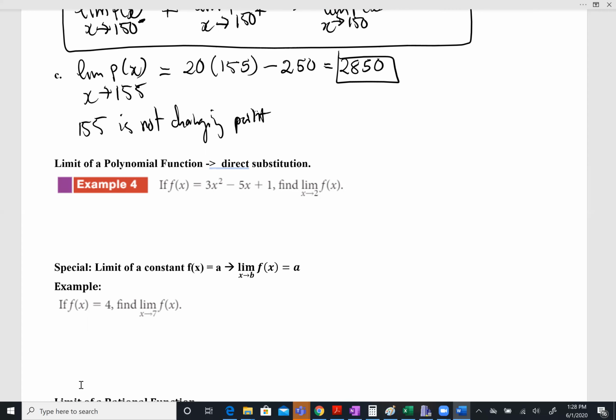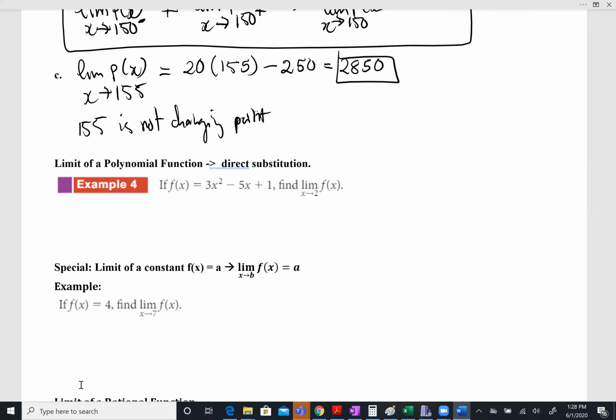It's just adding some terms, so you can just use direct substitution in order to get the limits.